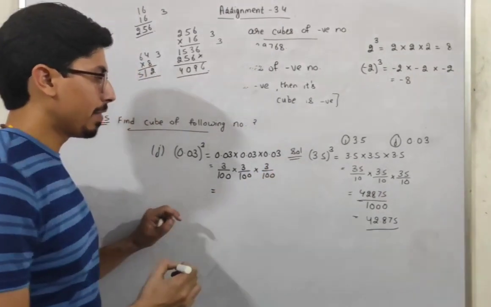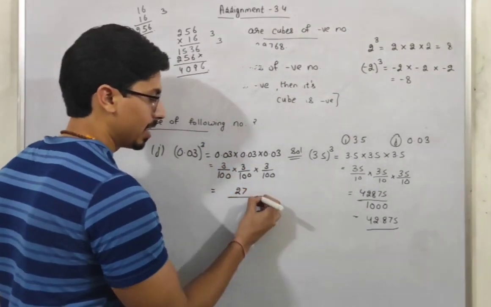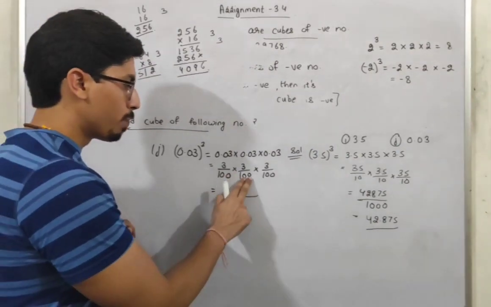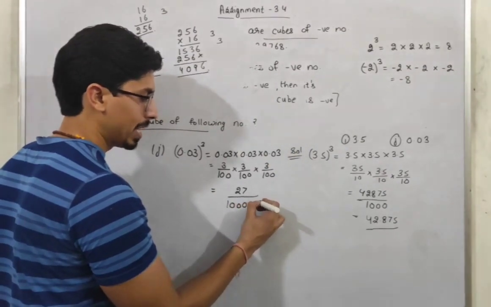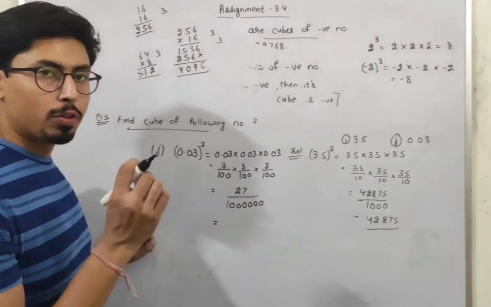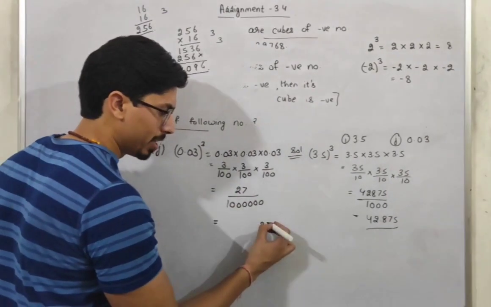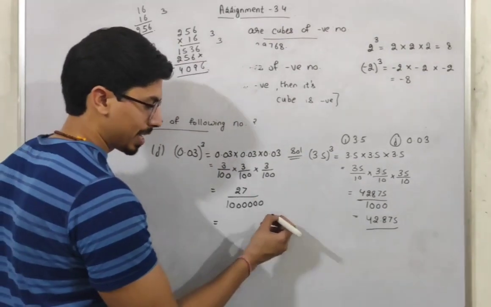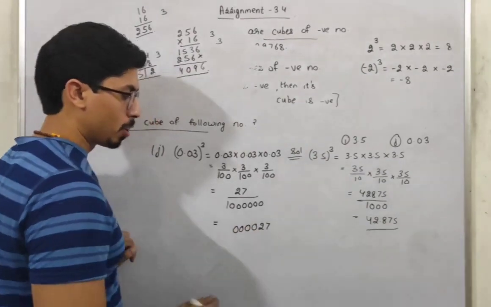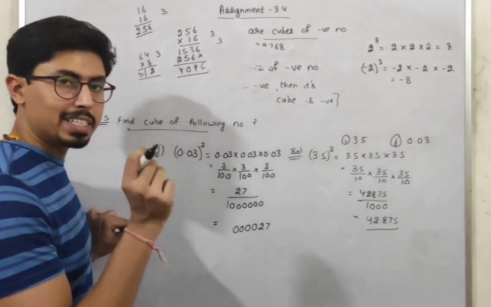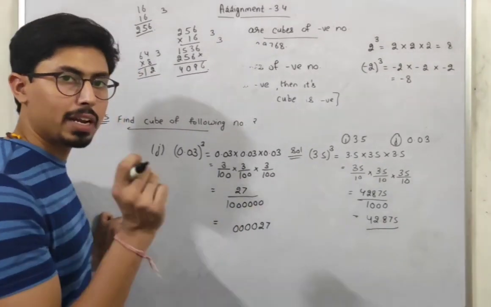So students, if we multiply, it will be 3 3s are 9, 9 3s are 27, and in the denominator we have 6 zeros. So 1, 2, 3, 4, 5 and 6. So I have to put the decimal before 6 digits, because there are 6 zeros.